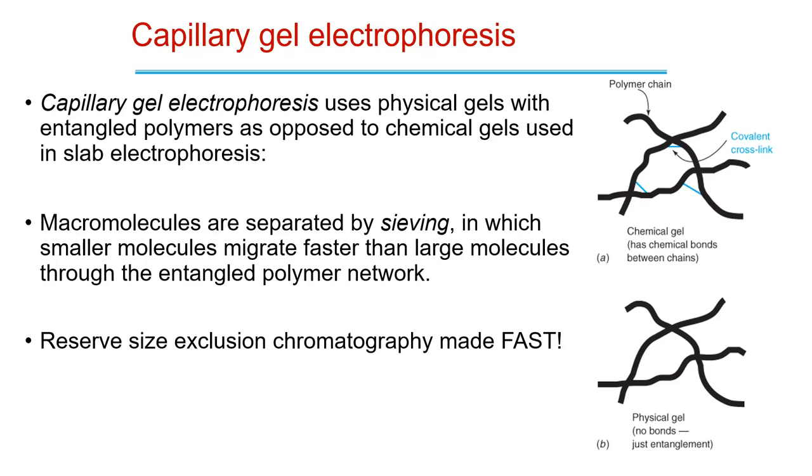The big molecules get tangled up in the spaghetti, but the small molecules can slip through the spaghetti. So the small molecules come out first, the big molecules come out second. So that's why we say it's reverse size exclusion. But everyone's under, say, 10, 15, 20 kilovolts. So when we say slow, we really mean slower.